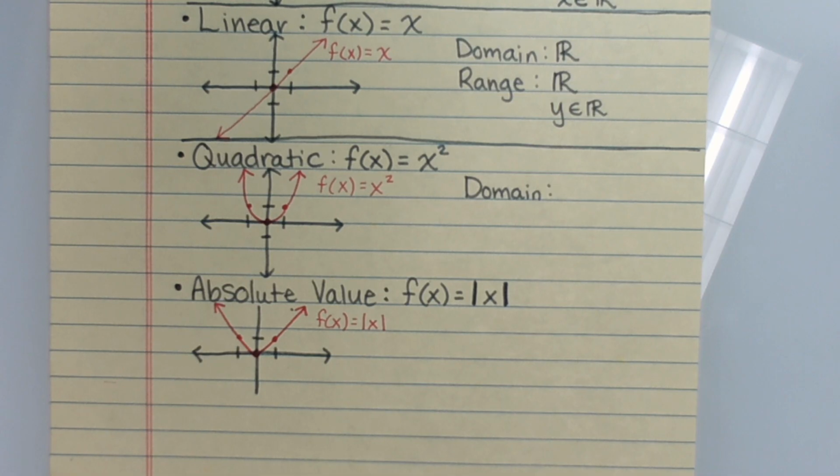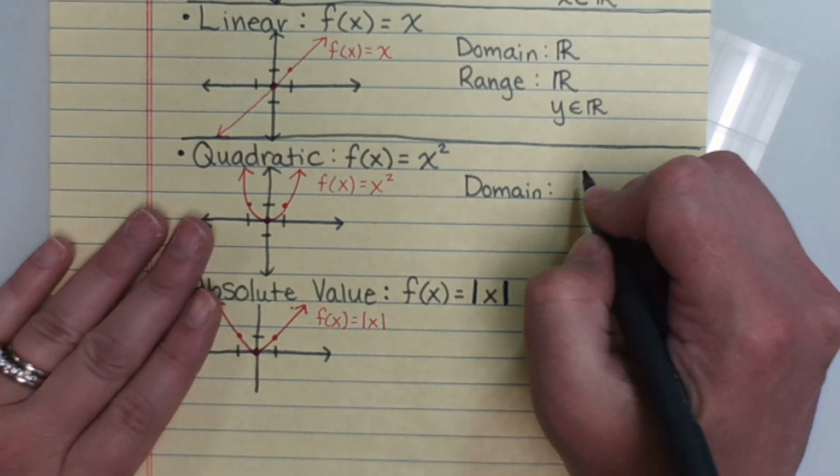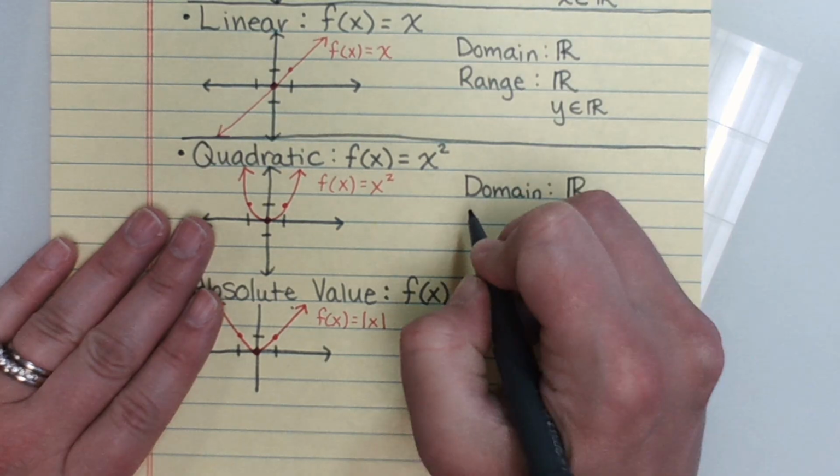I understand why you think it's no, but it actually does keep going to the left. It just slows down how it gets there, but it will continue to go. Does it go all the way to the right? Same story. It looks like it's going to stop, but it's just slowly continuing to go to the right. Are there any gaps in the middle? No, it's fully connected, which means the domain is all real numbers.